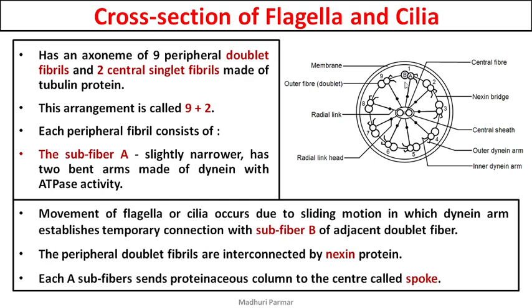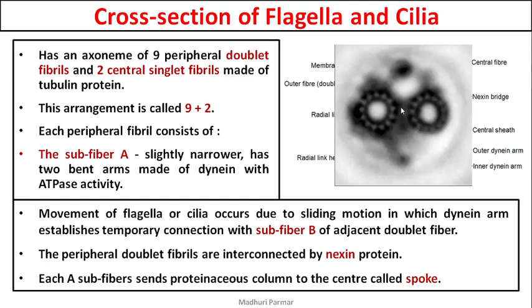So we can see this A, apart from being connected to B and to the adjacent fibrils, is also connected to the center, and this connection is also by some protein fiber. These are called spokes. Have you seen in a bicycle there is a spoke, right? In the same way, these are also called spokes.